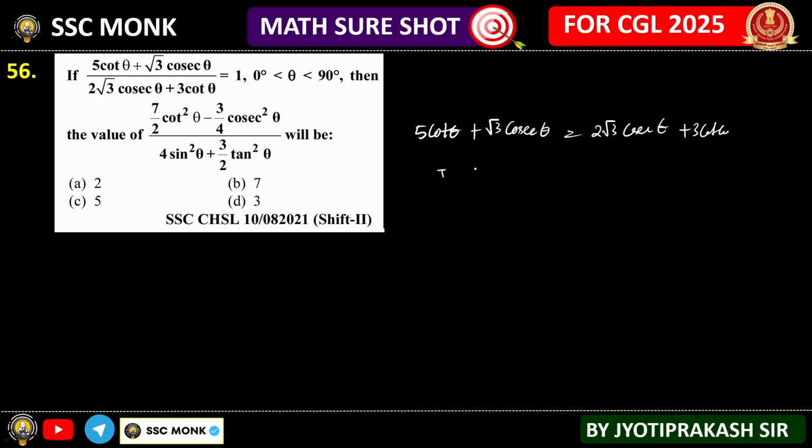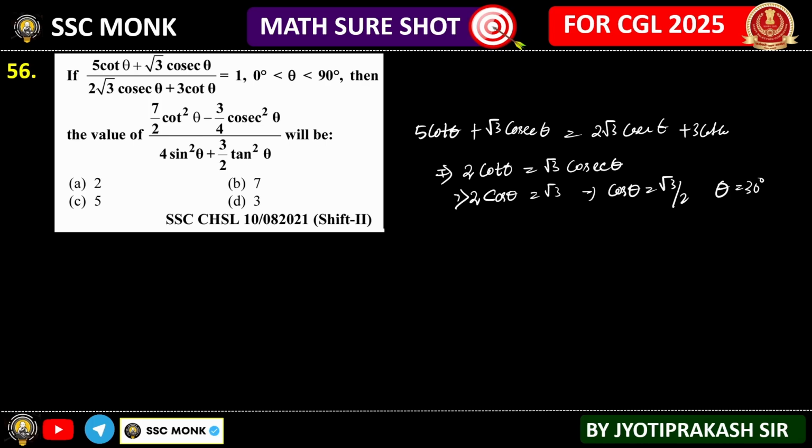Yes. 5 cot theta minus 3 cot theta can be written as 2 cot theta, is equal to 2 root 3 cosec theta minus root 3 cosec theta, which is root 3 cosec theta. Yes or no? Yes. Cot theta can be written as cos theta by sin theta, and cosec theta as 1 by sin theta. So I can directly write 2 cos theta is equal to root 3, or cos theta value is equal to root 3 by 2. So theta value is equal to 30 degrees.